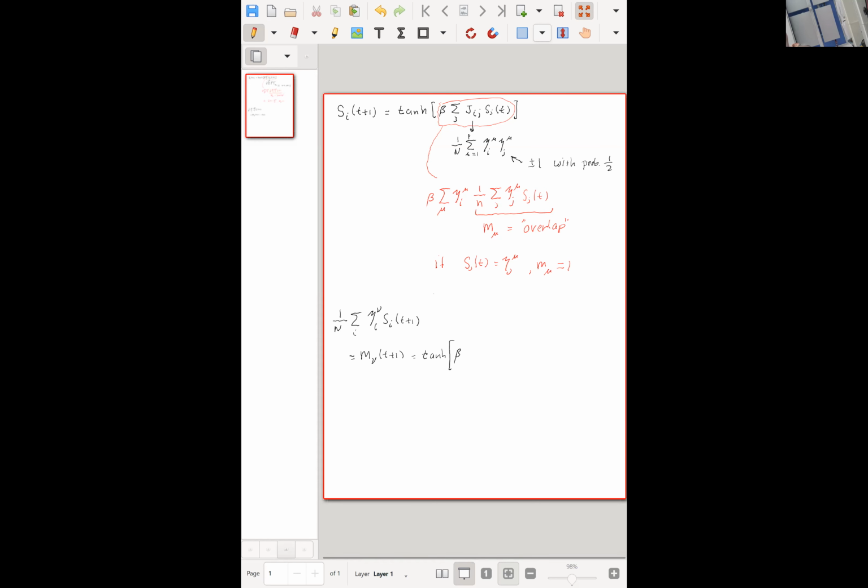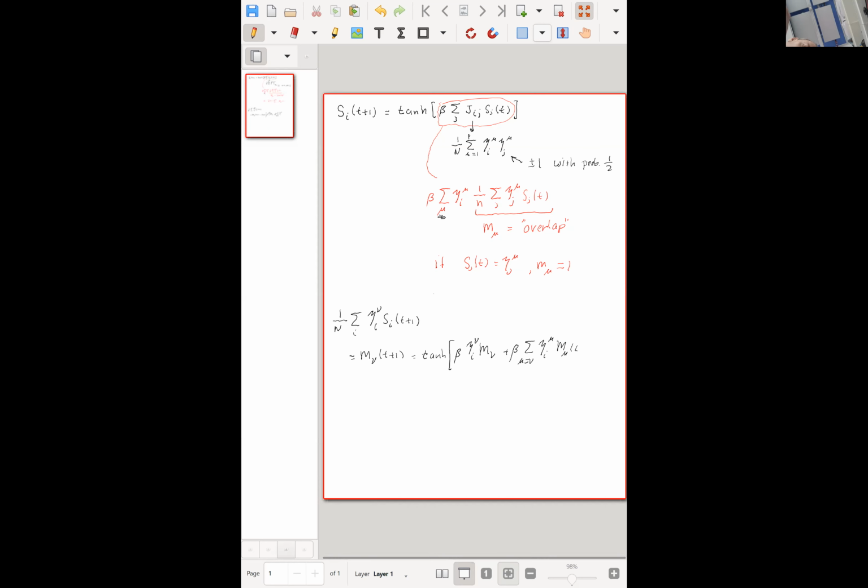So beta. I'm going to separate out the sum over mu into terms with mu equal to nu and mu not equal to nu. So first of all, we have eta_i^nu m^nu, plus beta, the sum over mu not equal to nu of eta_i^mu m^mu.